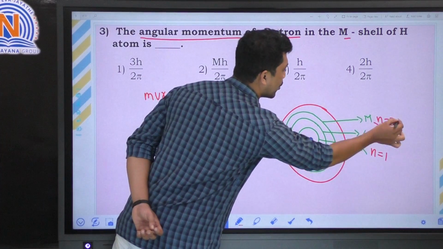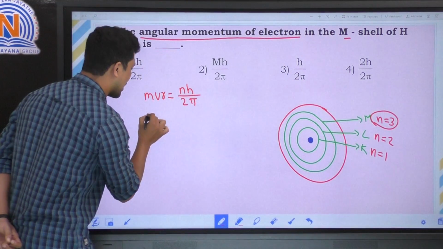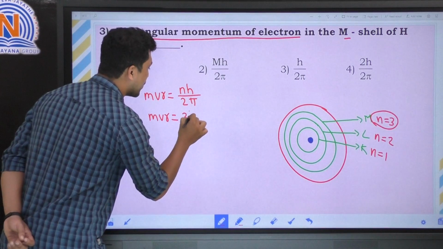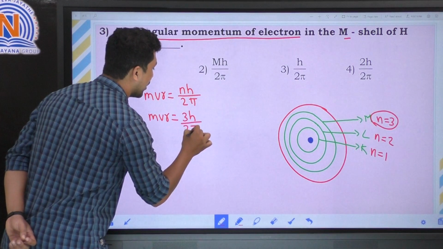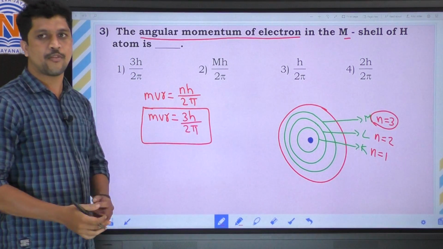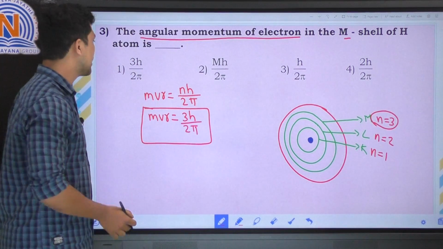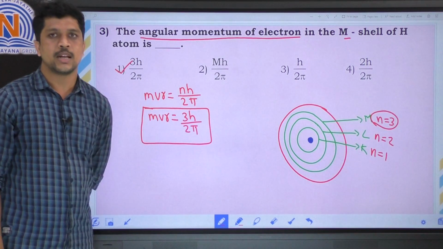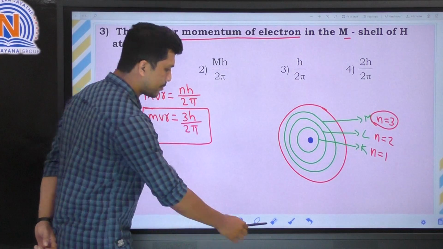That is n equal to 3. Just substitute that value, mvr equal to 3h by 2 pi. So this is the angular momentum for the M shell of hydrogen atom. So the correct option is first option. Clear? Let's move on to the next question.